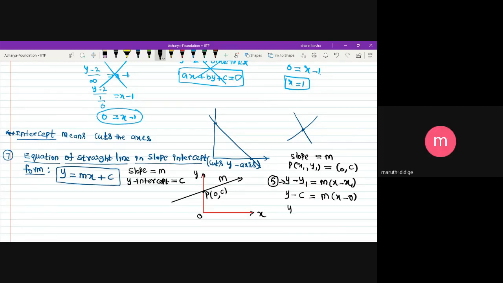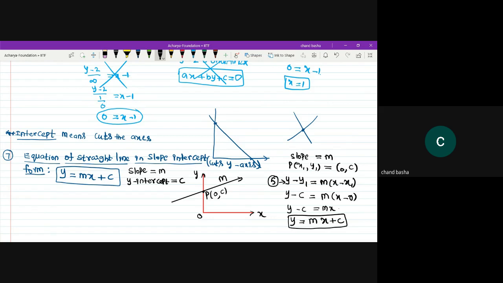So y minus c is equal to mx. But the standard formula is y is equal to mx, and this c on the right hand side becomes plus c. So this is another formula for representing the equation of the straight line.